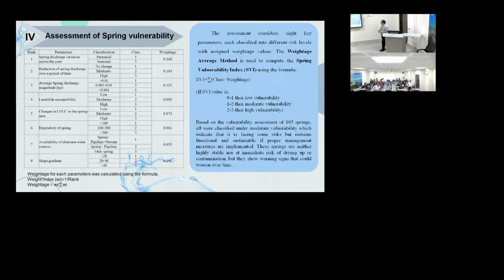Sir's parameters are a bit different, but we considered 8 parameters for the spring vulnerability assessment: spring discharge variation across the year, reduction of spring discharge over a period of time, average spring discharge magnitude, landslide susceptibility, changes in LULC in the spring area, dependency on the spring, availability of alternate water sources, and slope gradient.